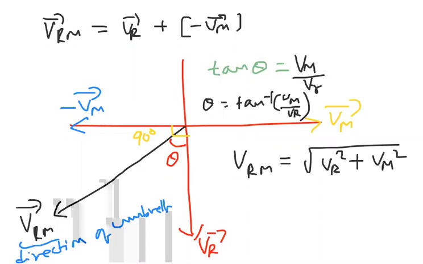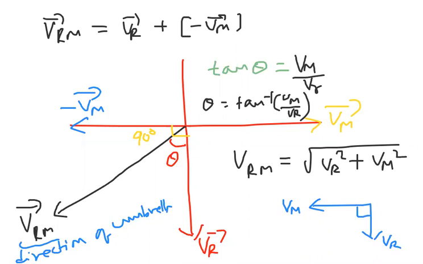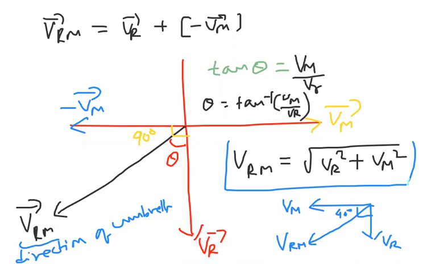Don't worry about the negative sign. The negative sign indicates only direction. This is the direction of VR and this is the direction of VM. They are perpendicular, 90 degrees. So the relative velocity is square root of VR square plus VM square. This is the situation. I hope you got some idea.